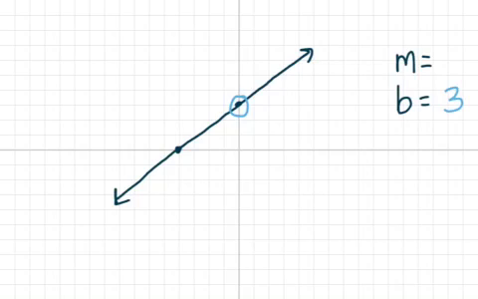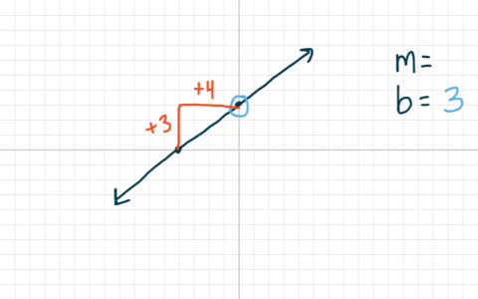My slope is always rise over run. So I know from one point to the left, and I always want to work left to right, I know I'm going up 3, so my rise is a +3, and then right 4, so my run is a +4.